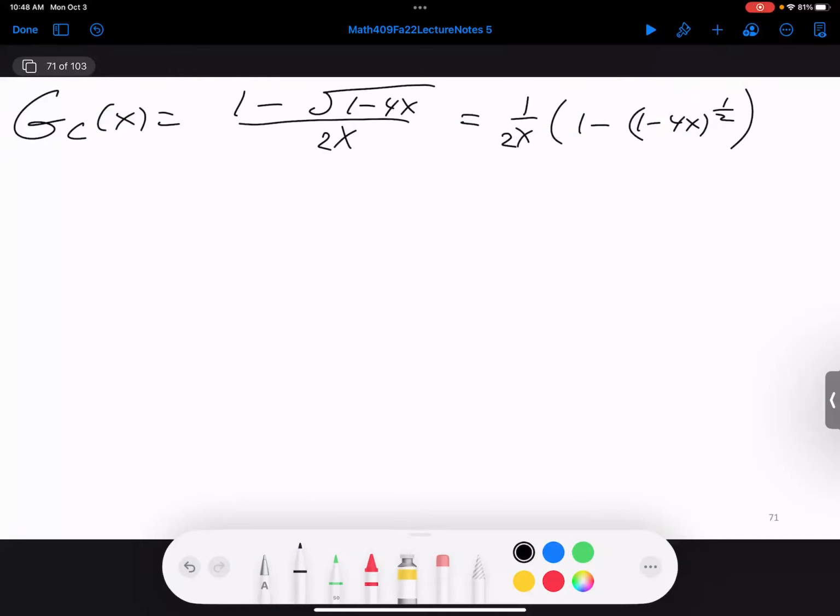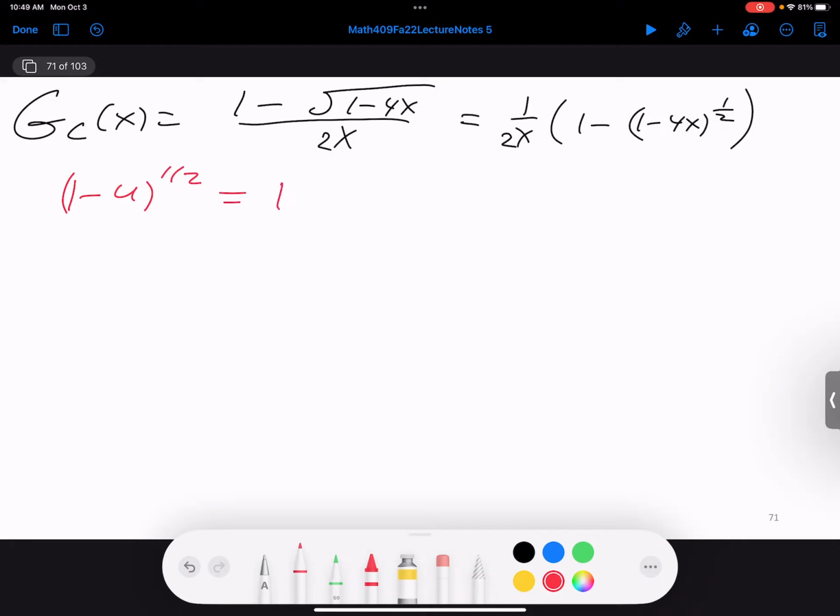So how do I expand this out? I want to write this as a sum. So I need to know the expansion of 1 minus u to the 1/2.